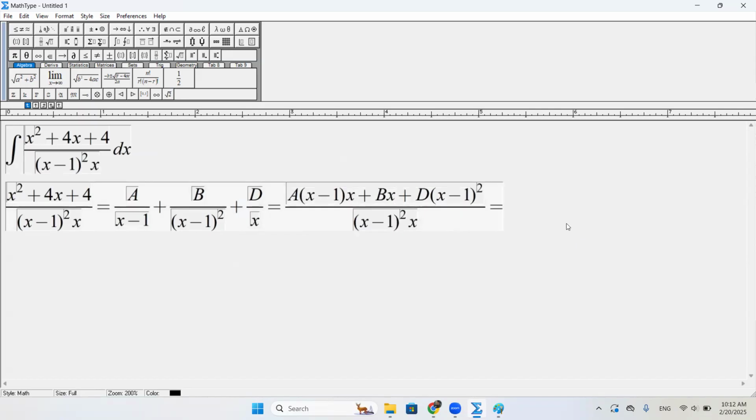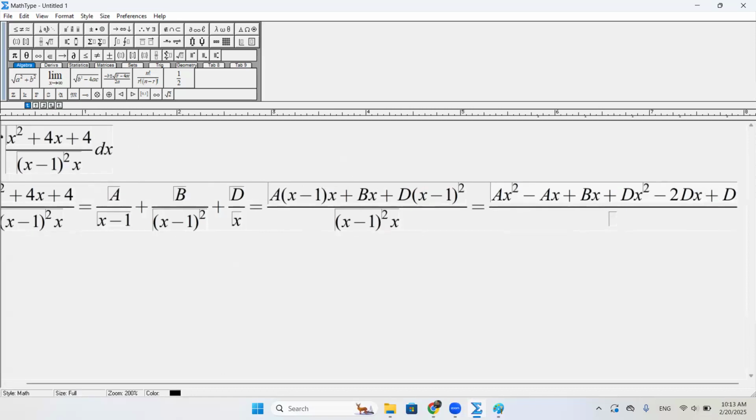Expand the brackets: ax squared minus ax, plus bx, plus dx squared minus 2dx plus d.